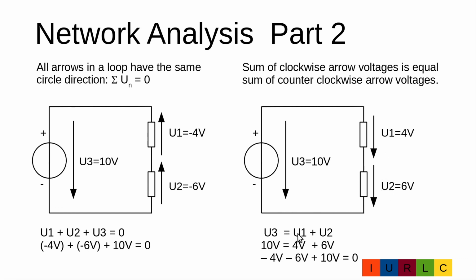U3 equals U1 plus U2. With concrete numbers, 10 volt is 4 volt plus 6 volt, and we bring this to the other side. Minus 4 volt minus 6 volt plus 10 volt is 0. And you see that this formula is identical to this formula.